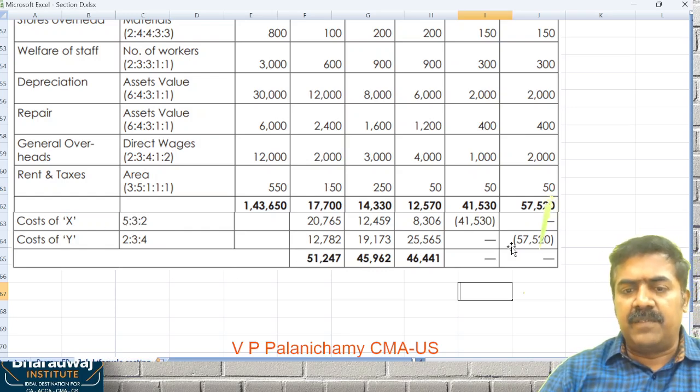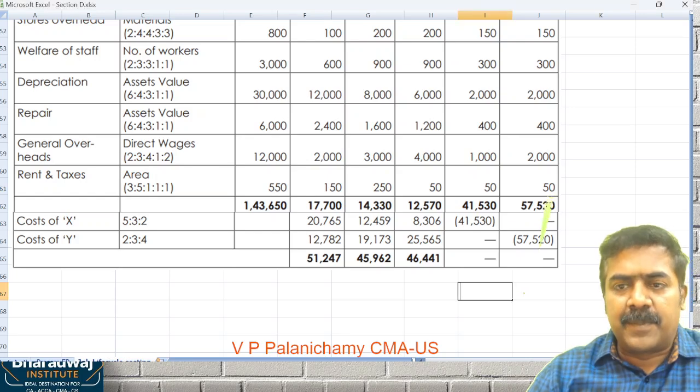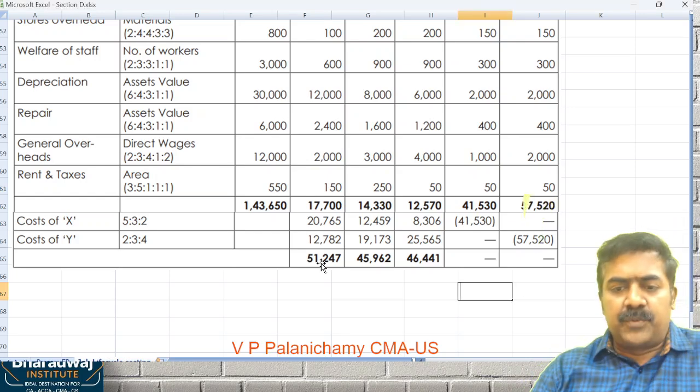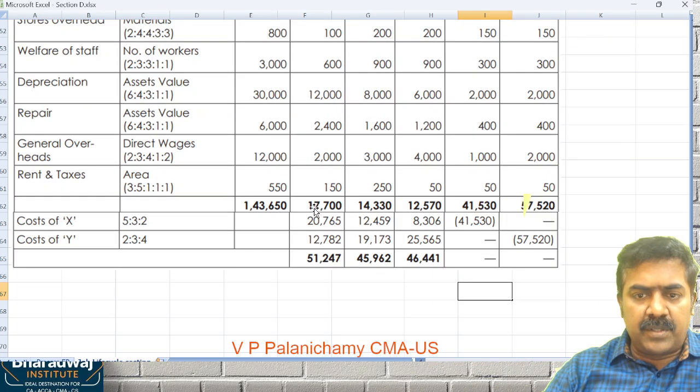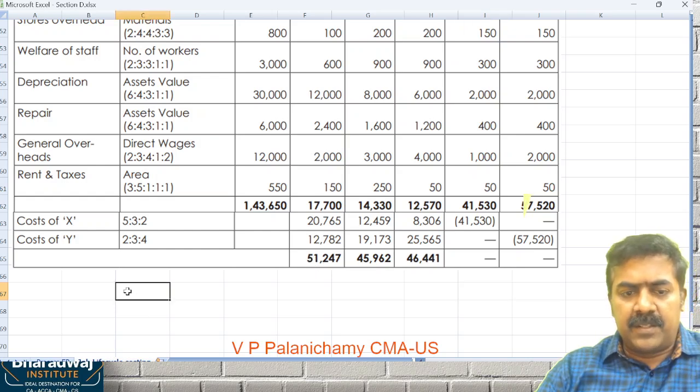How 2:3:4? This ratio, 30,000, 45,000, 60,000. 30, 45, 60 can be written as 2:3:4. So we get total overheads for the production departments.